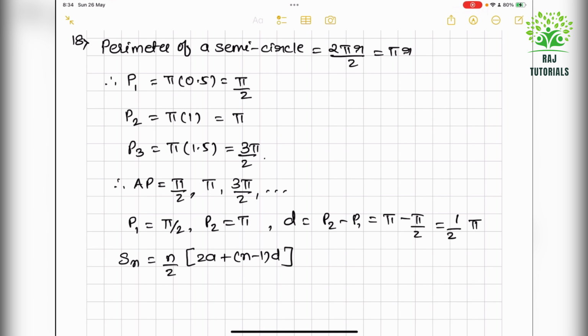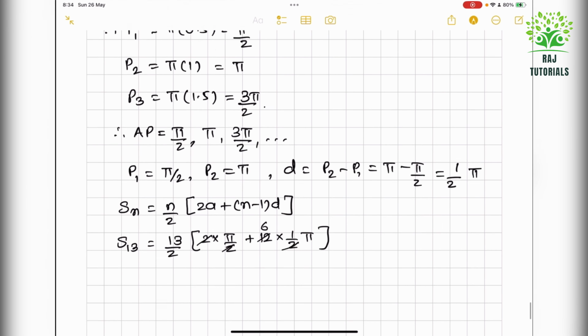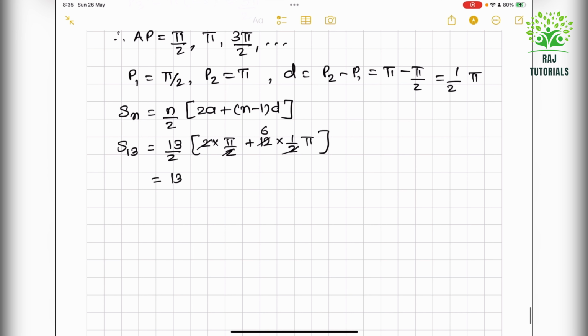So here S13 equals 13 by 2 into 2 into a, which is pi by 2, so the 2 cancels, plus 12 into d. d is half pi, so 6. So that will be 13 by 2 into pi plus 6 pi, so 7 pi.